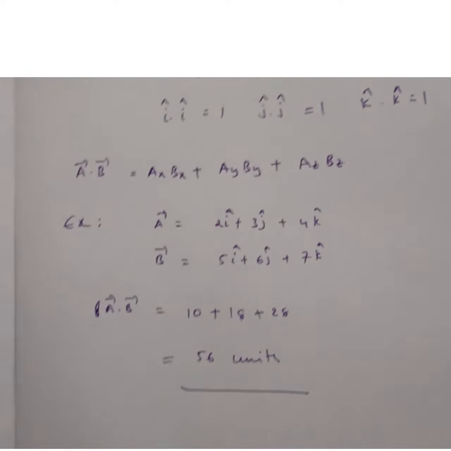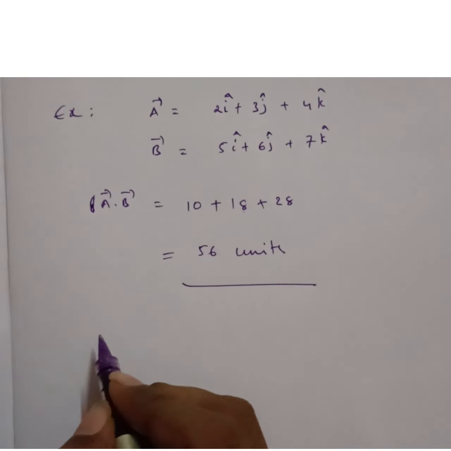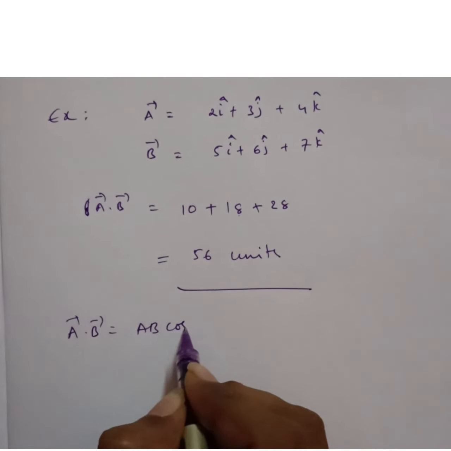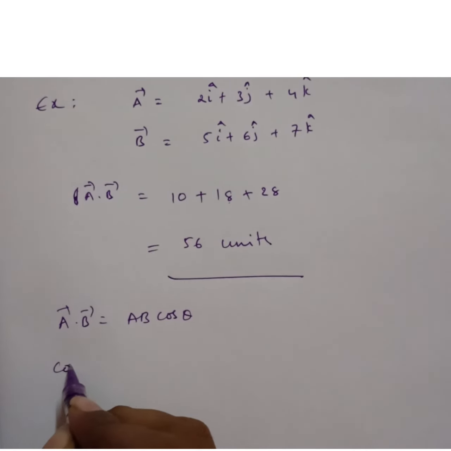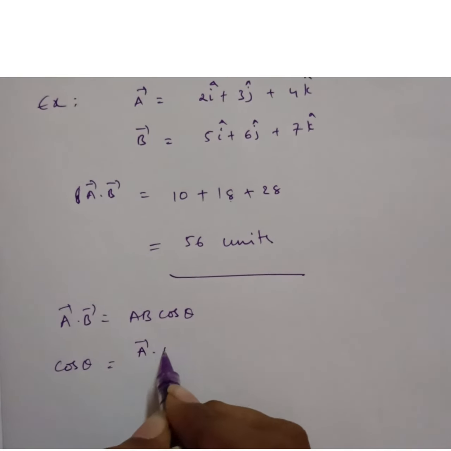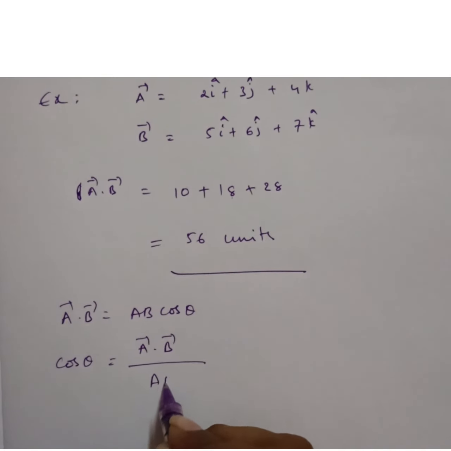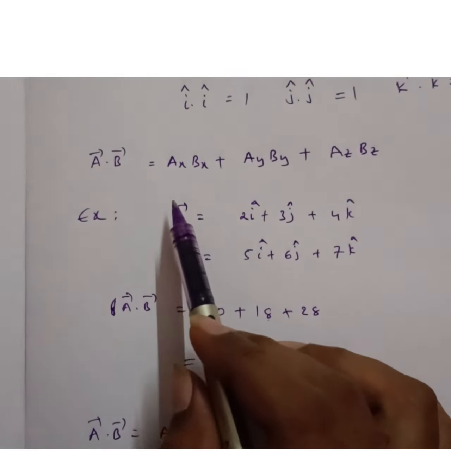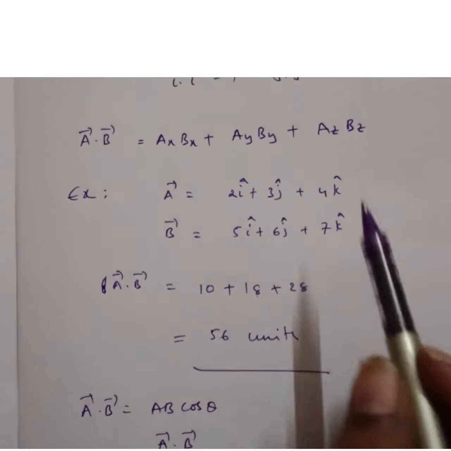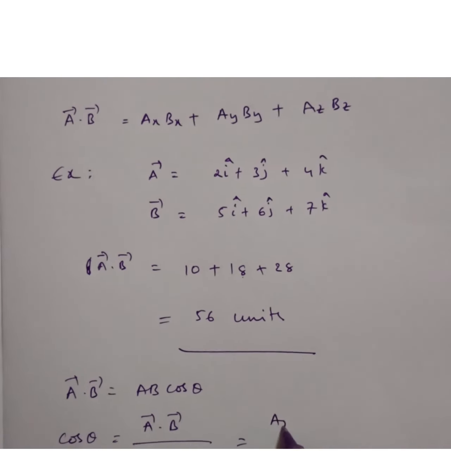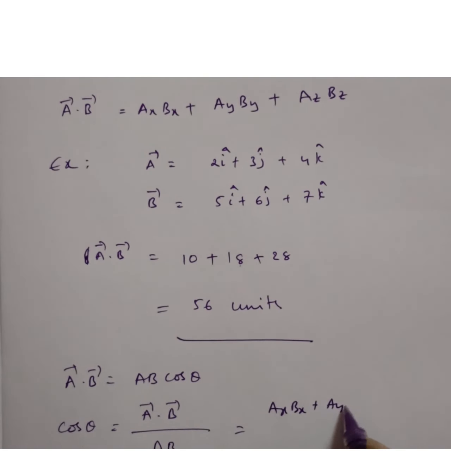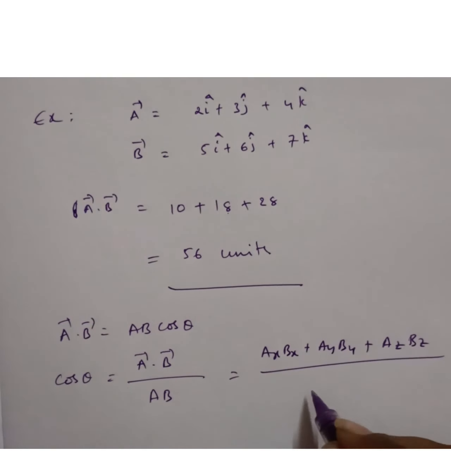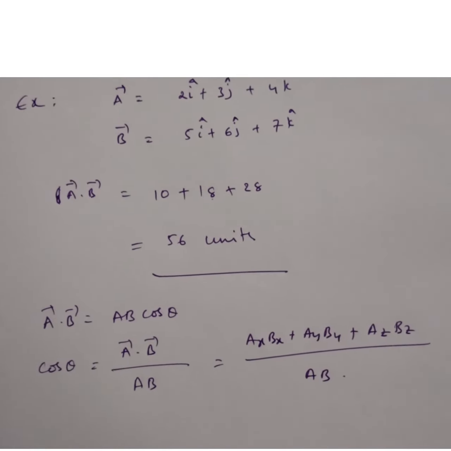Okay, now we'll see some important points here. As we know, A bar dot B bar equals AB cos theta. We can write cos theta equals A bar dot B bar by AB, or we can write it as (Ax Bx plus Ay By plus Az Bz) by AB.